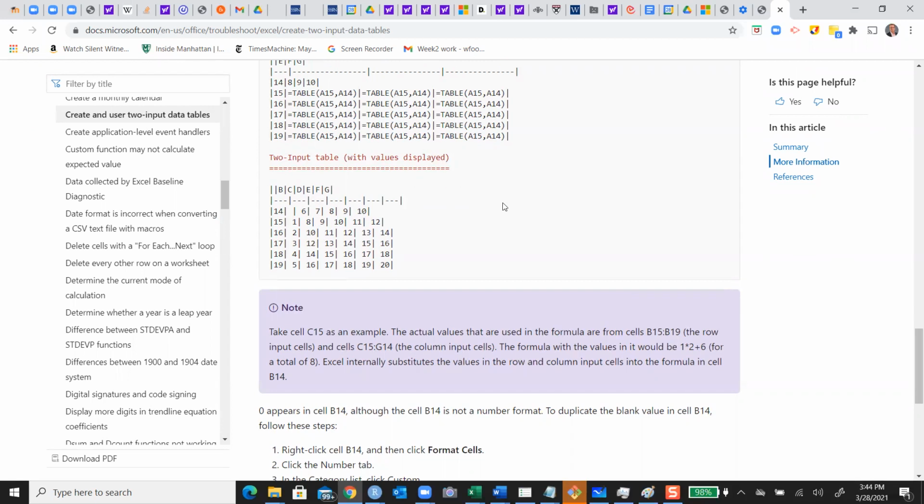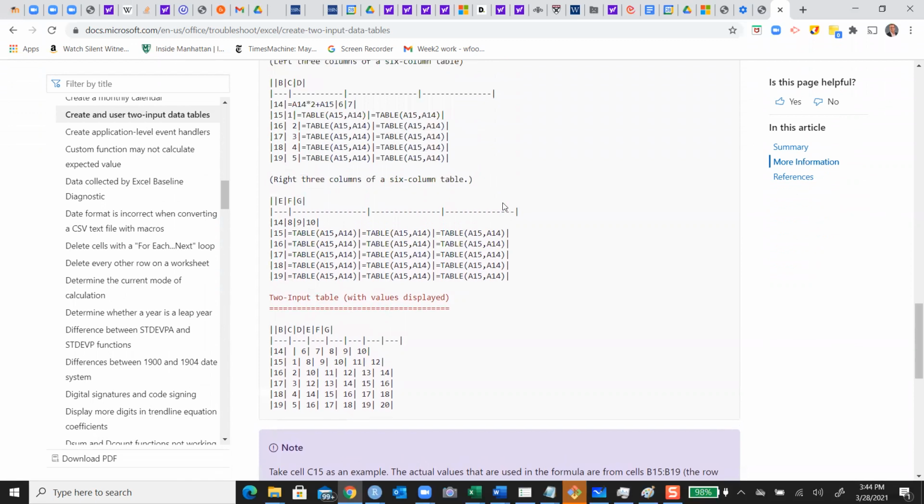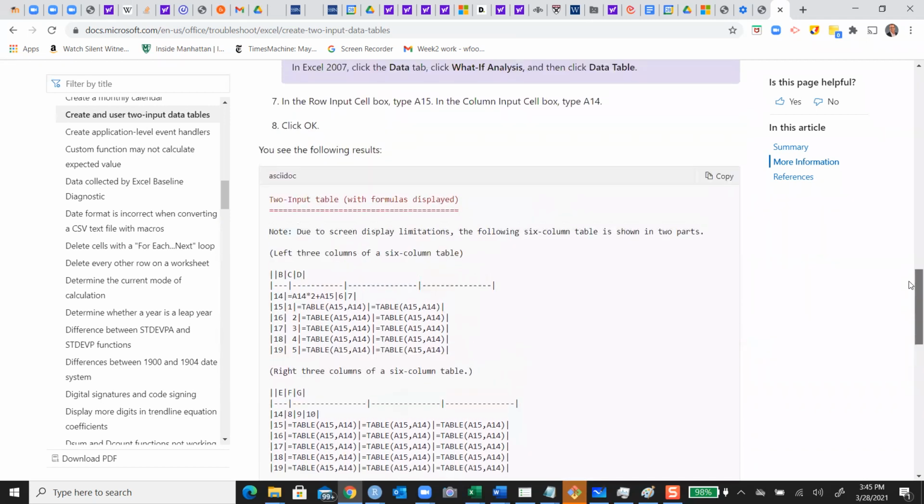That's an interesting display. This is called a markup, by the way, markup language. And it did not render in this particular version of life. An ASCII doc. Yeah, we could copy it out. That's true.